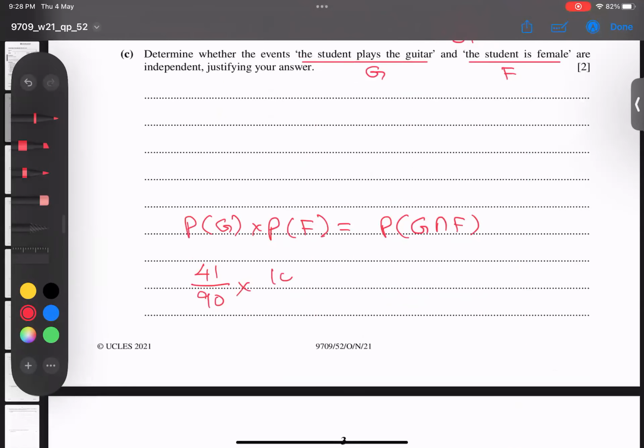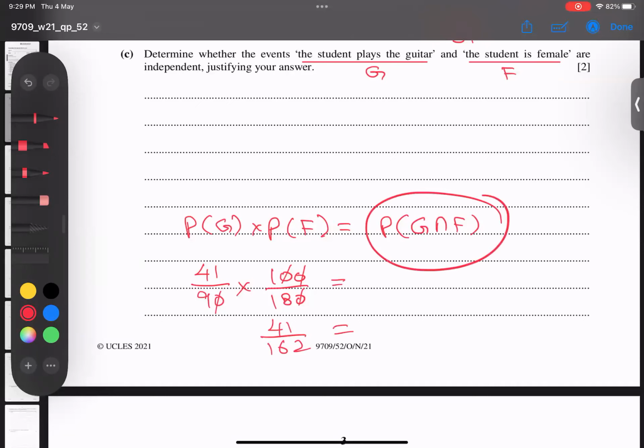If I simplify this left side, this zero cancels out and this zero cancels out, and I get 41 over 162. So the left side is done.